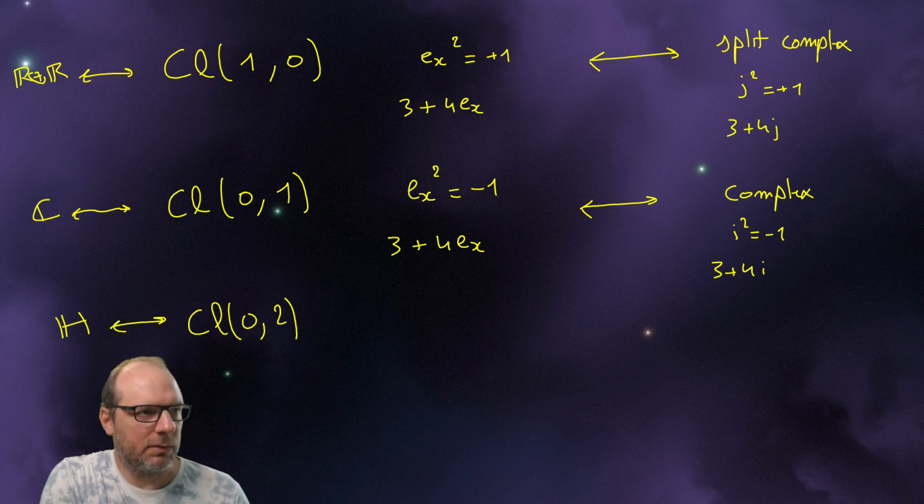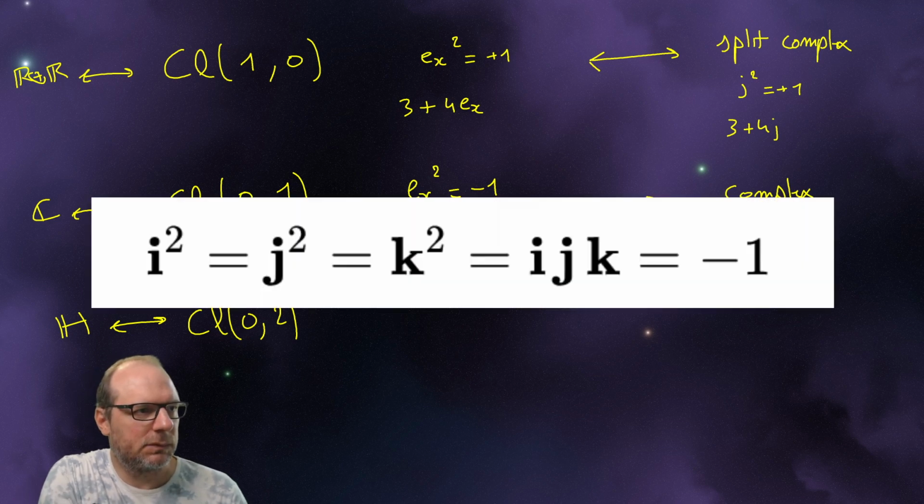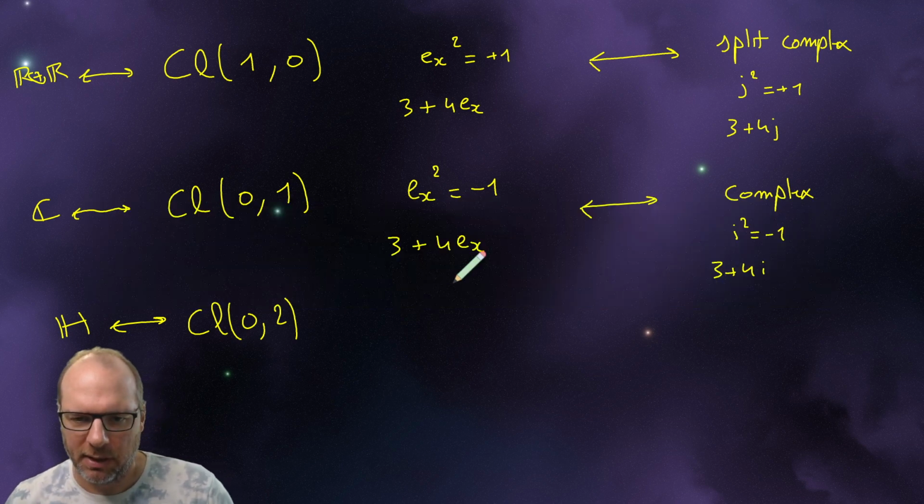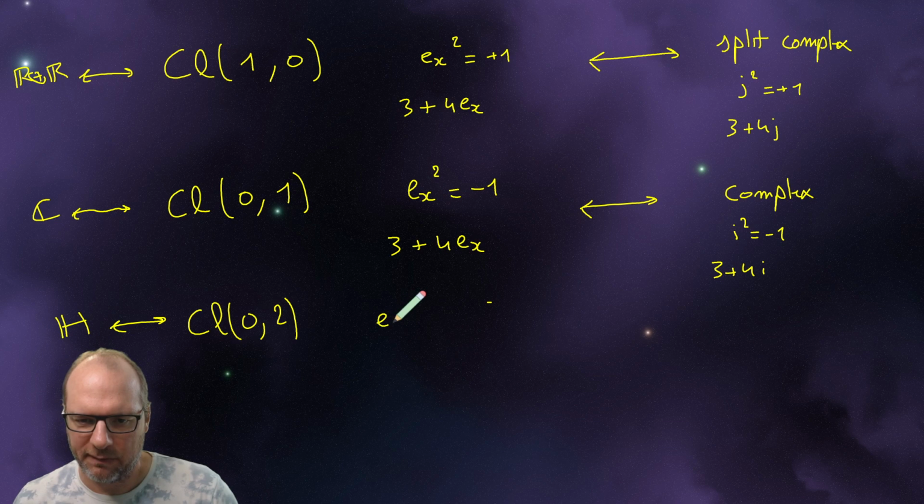The quaternion rules are i squared equals j squared equals k squared equals -1. And in this algebra, we have e sub x squared equals -1 and e sub y squared equals -1. We have only two symbols.